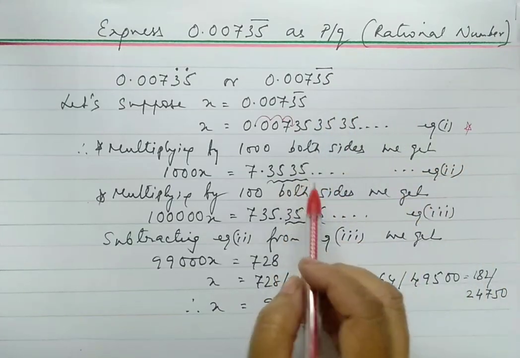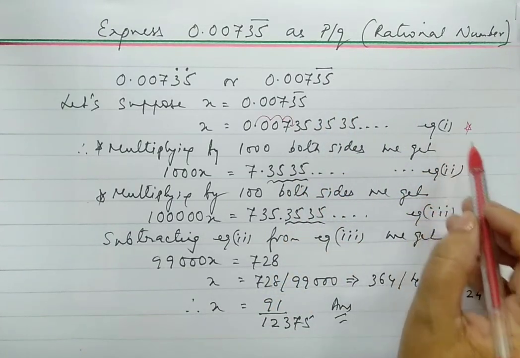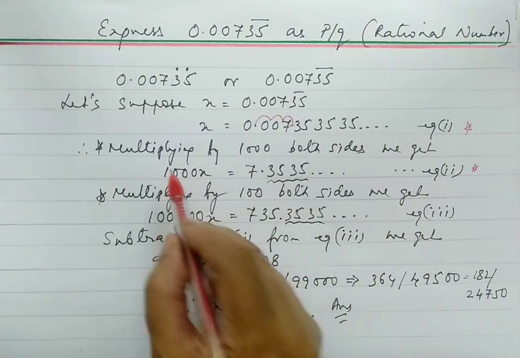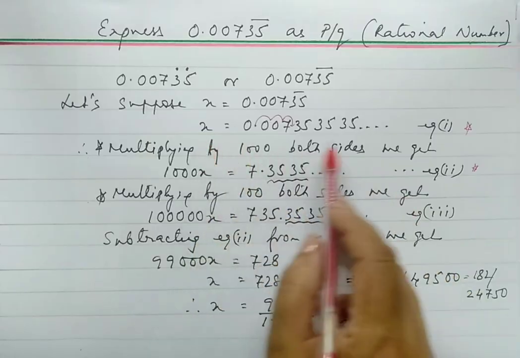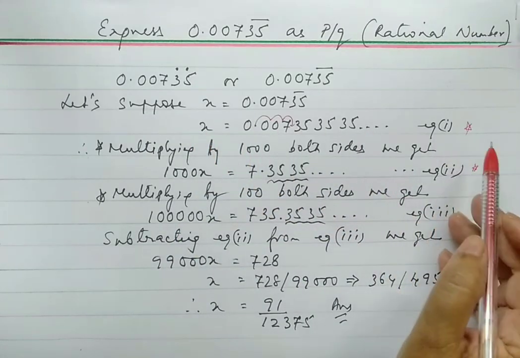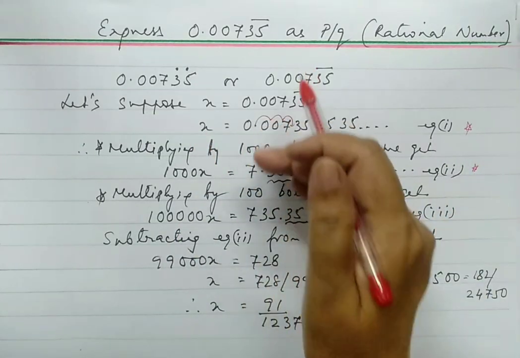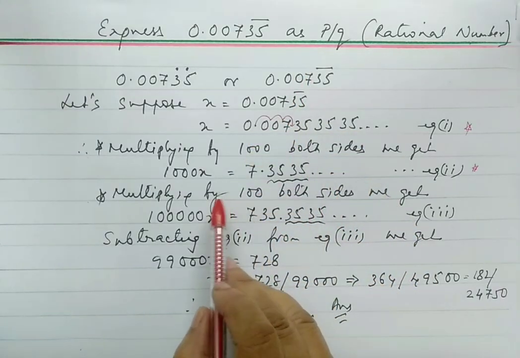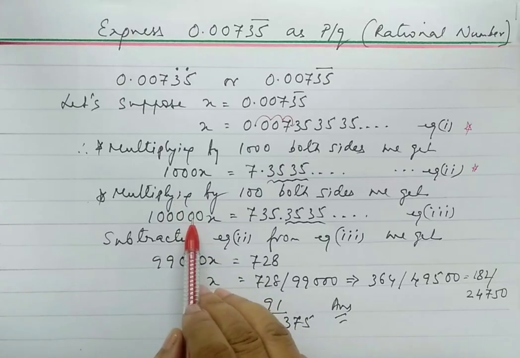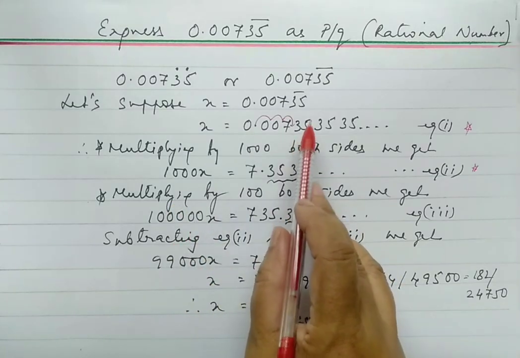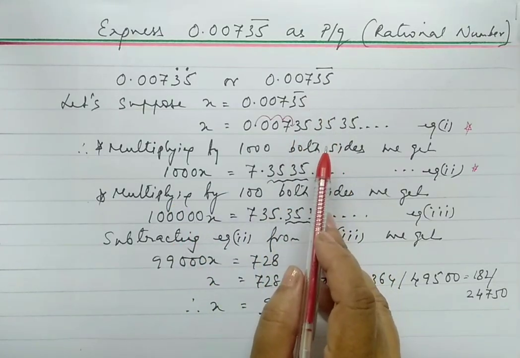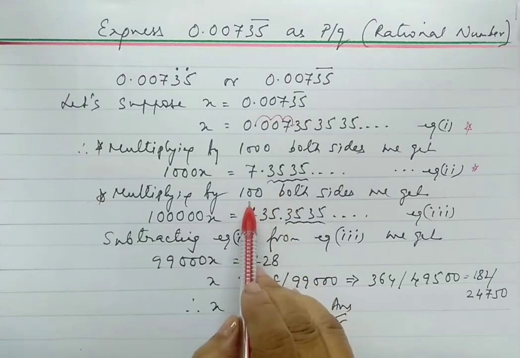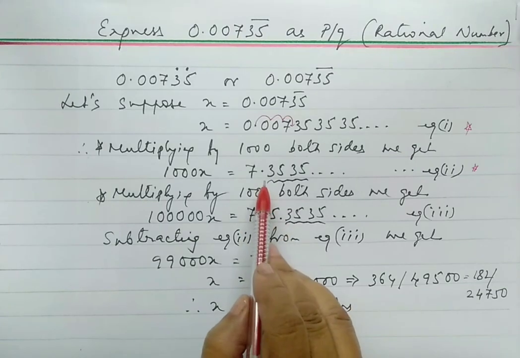Next we multiply, not equation 1 but equation 2. Not the root equation, that is the first equation, not that. We are progressing ahead. As a result, we'll multiply this by 100 because there are 2 digits under the bar, that regulates us, so that is 100.